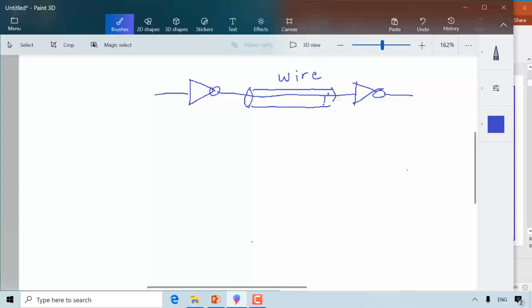In this lecture we will discuss how to estimate the resistance and capacitance of the wire.